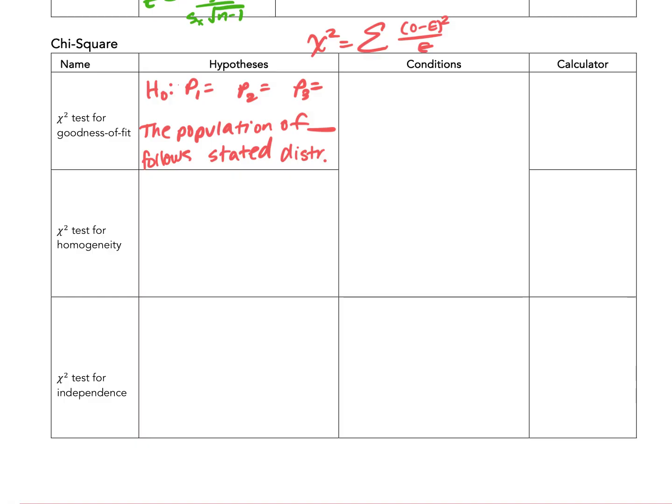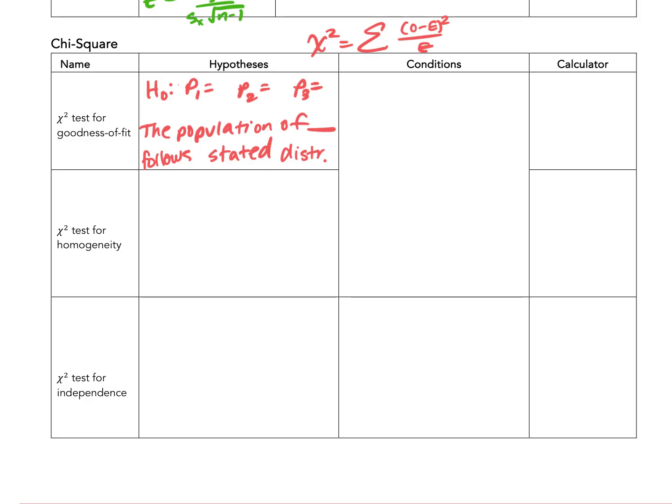Because typically a stated distribution would be like the example we used in Columbus, I think it was on your quiz review, 85% of residents say that the Buckeyes are their favorite team, 10% say the Blue Jackets, 15%, etc. Right? That's like a stated distribution that we're trying to compare to, okay?